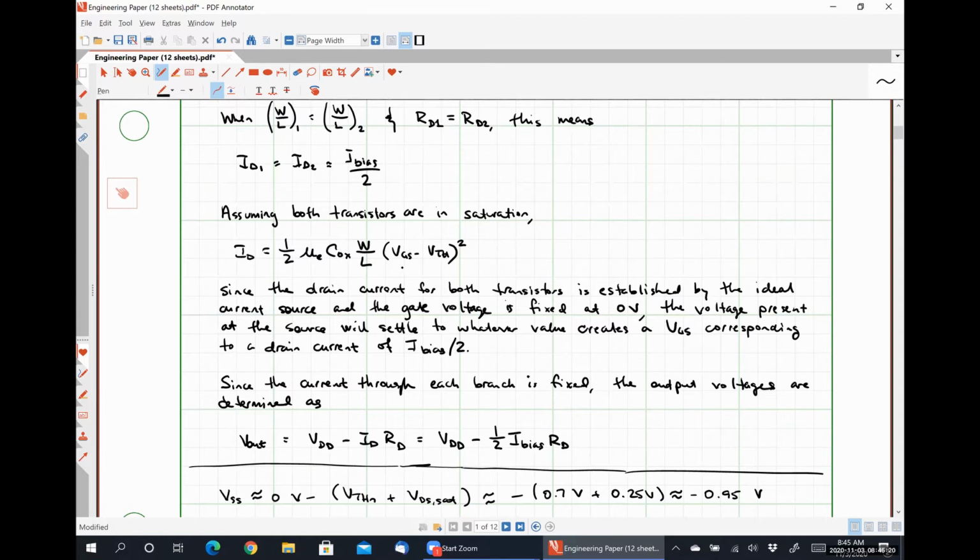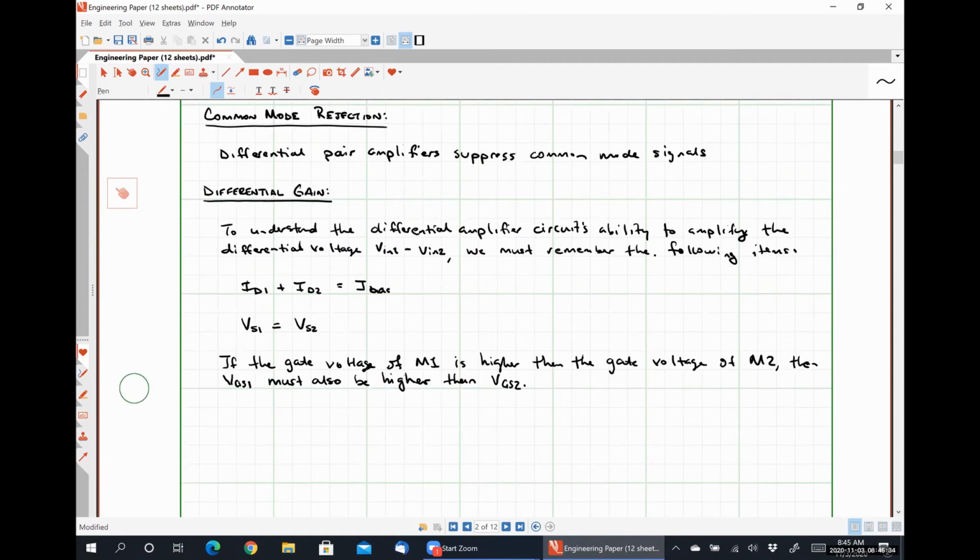So if this guy increases, what happens to the drain current? It goes up as well. Exactly. So that means M1 is going to have a larger current flowing through it than M2.